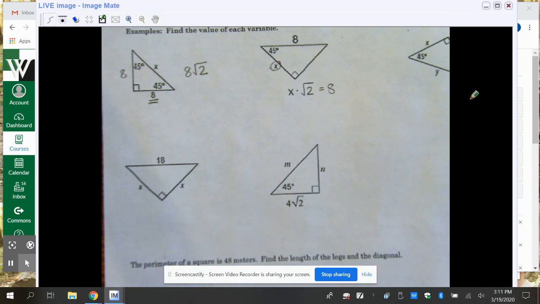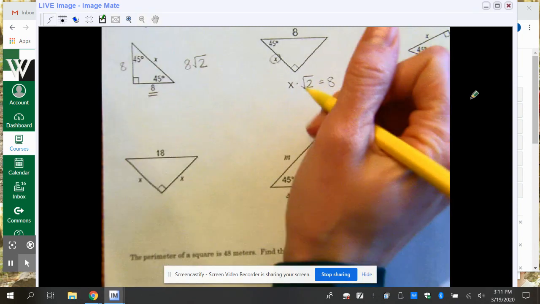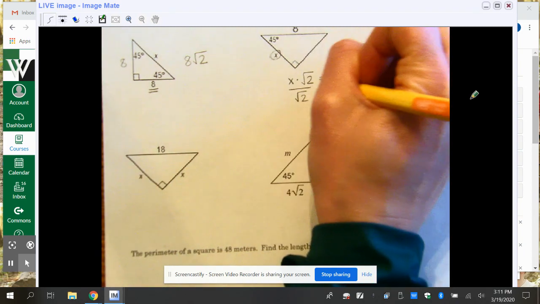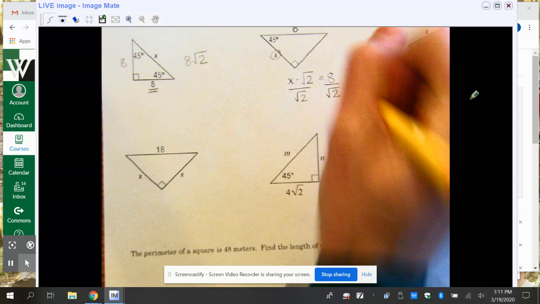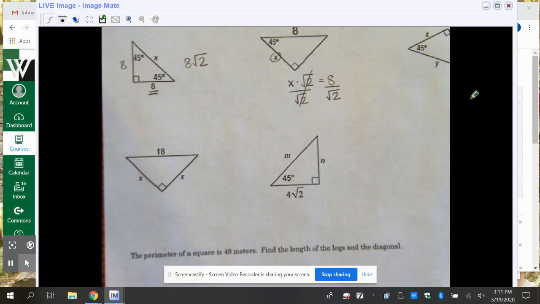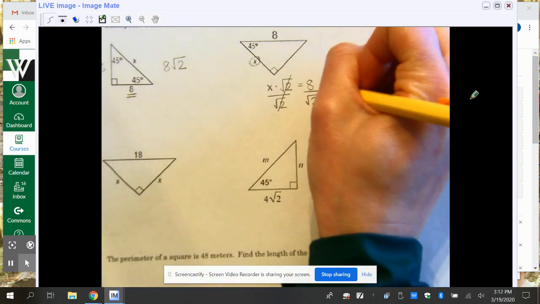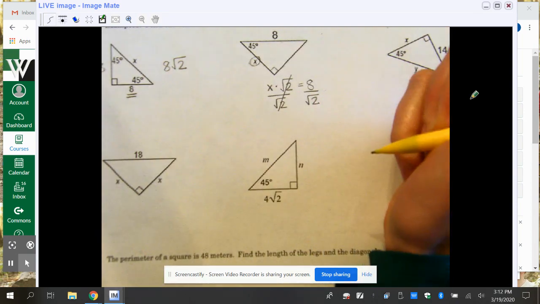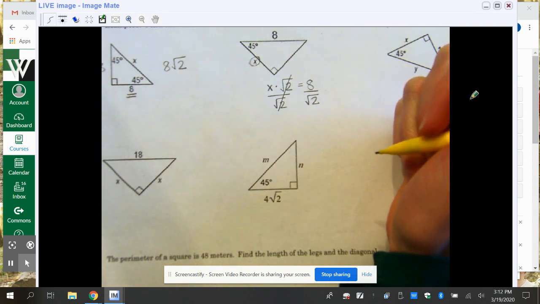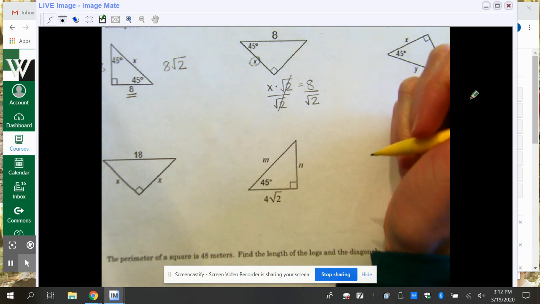Okay, well here, in order to get that x by itself, I have to divide by the square root of 2. I have to undo that multiplication. And here, if you watched the entire 8.3 lesson video, I briefly mentioned what we're going to be doing in this lesson and next lesson, which is called rationalizing the denominator.